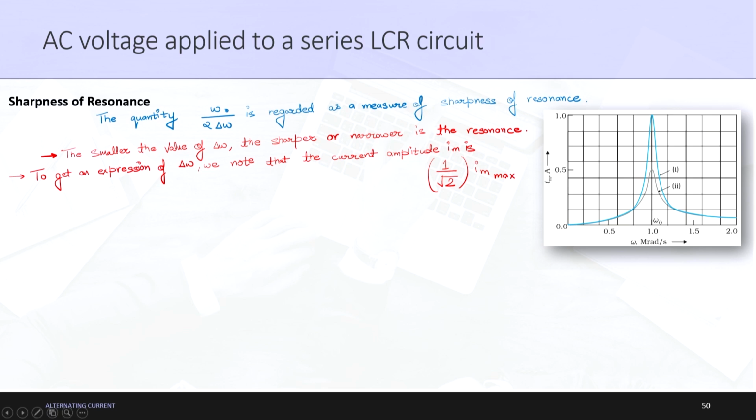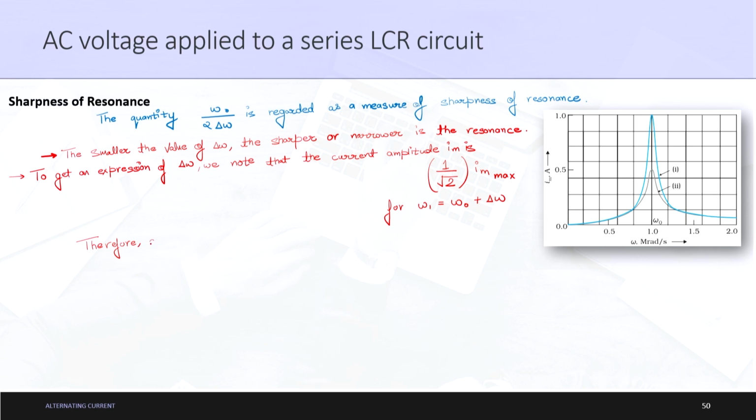Because this was a basic assumption which we assumed in the starting, just in the previous slide, for omega 1 is equal to omega naught plus delta omega, right. So, therefore, what we can write?